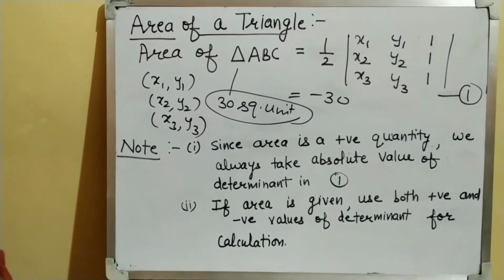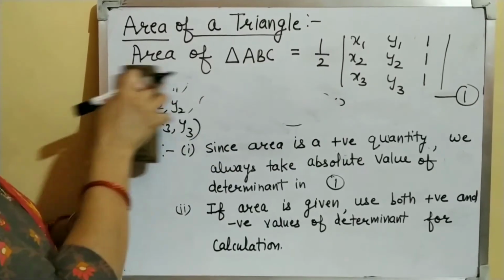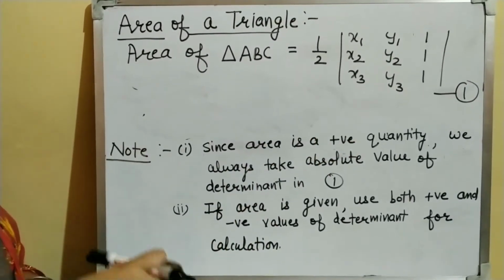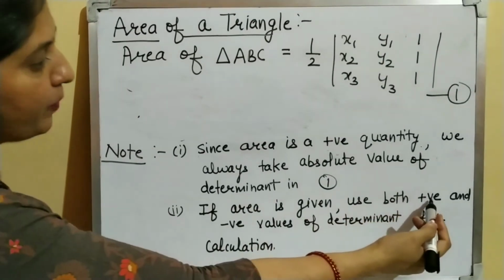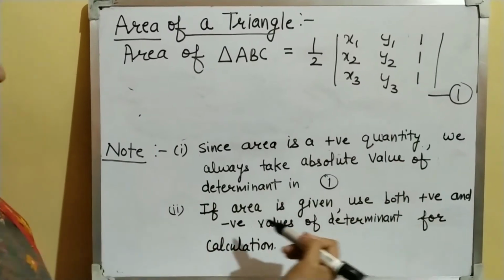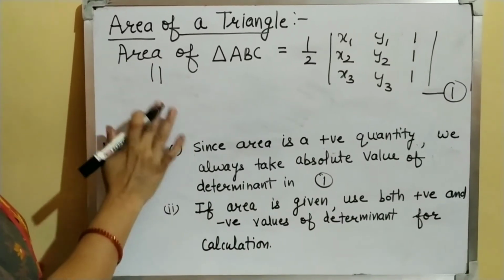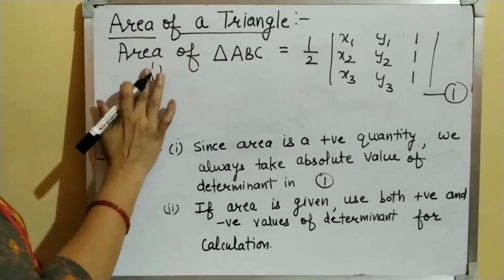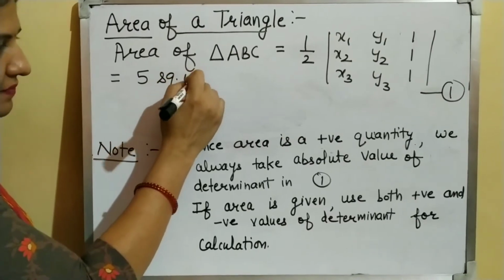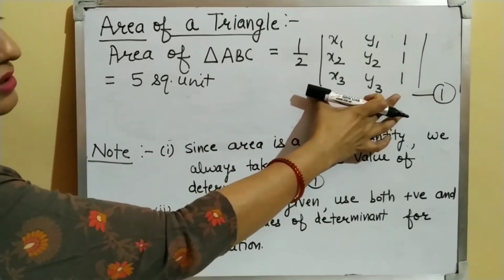Now, second point. If area is given in the question, then you have to use both positive and negative values of determinant for calculation. Means if area is given, suppose area of triangle ABC is equal to 5 square unit, then you have to use this expression.